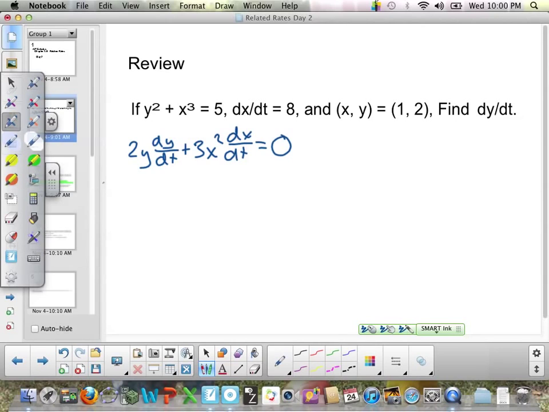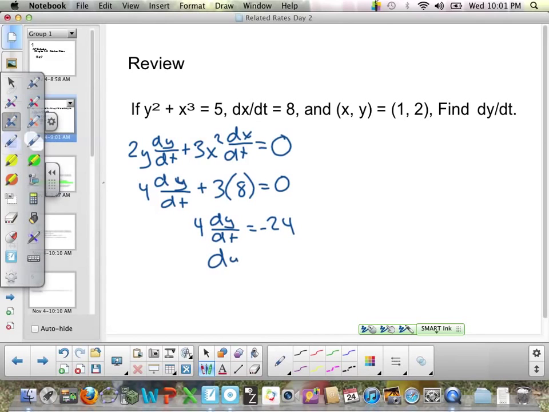We know that y is 2, so 2y becomes 4 dy dt. Plus x is 1, so 3x squared becomes 3. dx dt is 8. So we got 4 dy dt plus 3 times 8 is 0. We'll subtract 3 times 8. 4 dy dt equals negative 24. So the rate of change of y with respect to time is negative 6.